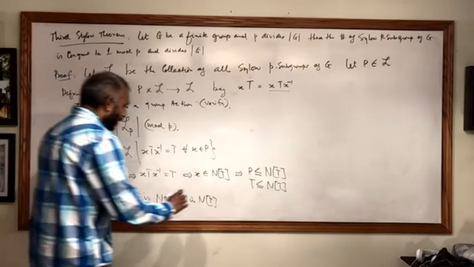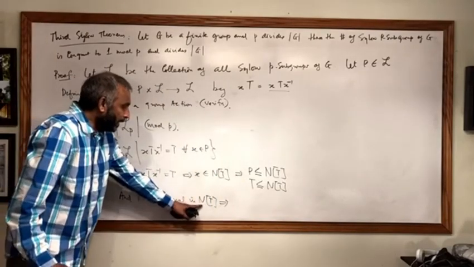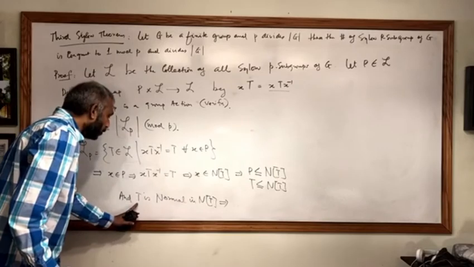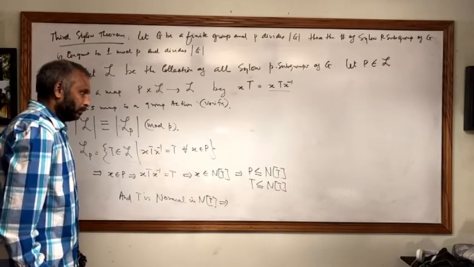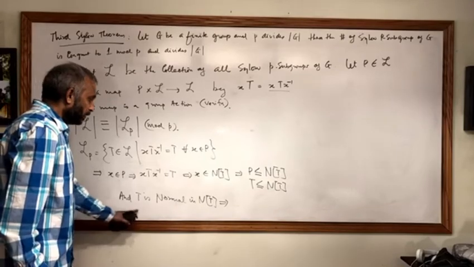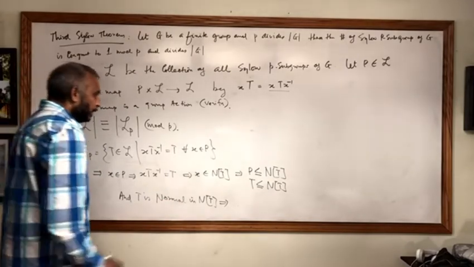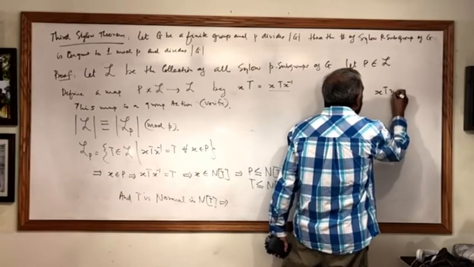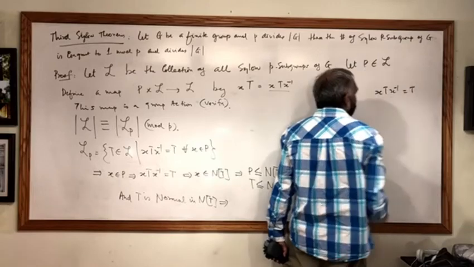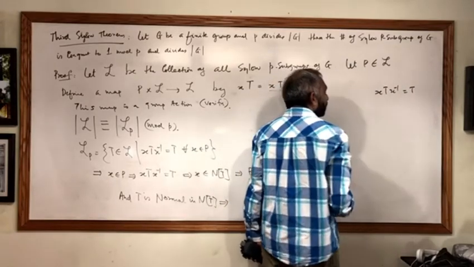And that implies if T is normal in NT, every conjugate of T is T itself. If it is normal, then the conjugate is itself, right? Because xTx inverse is equal to T. This is the conjugate.